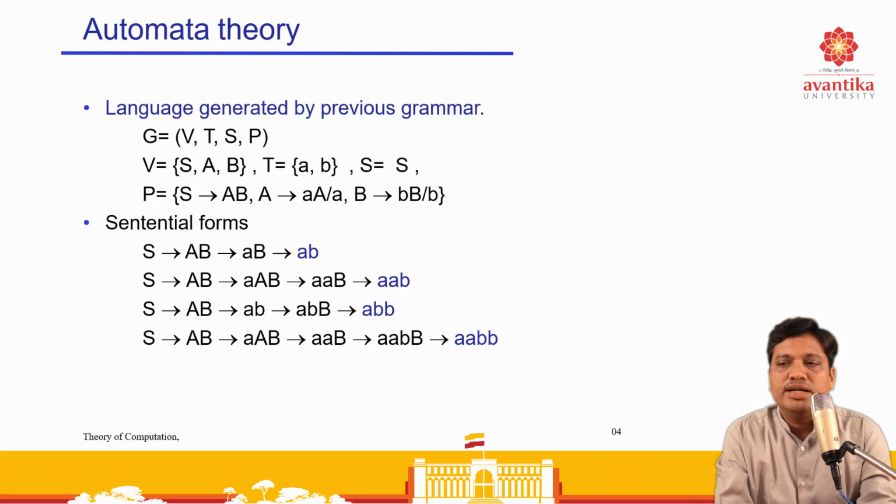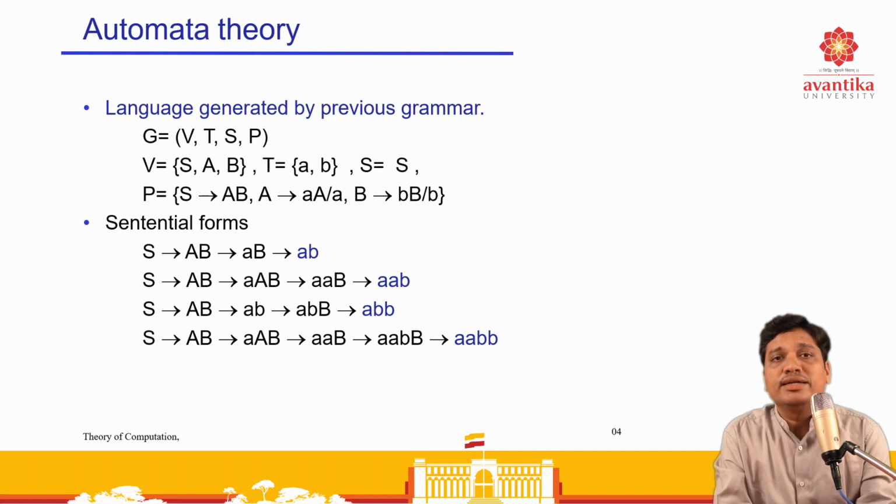The language generated by the previous grammar is defined by the combination of V, T, P, S, which we already discussed. V is the variables or non-terminals, that is S, A and B. T is the terminals, which are a and b. S is the starting symbol, and these are the 3 production rules.